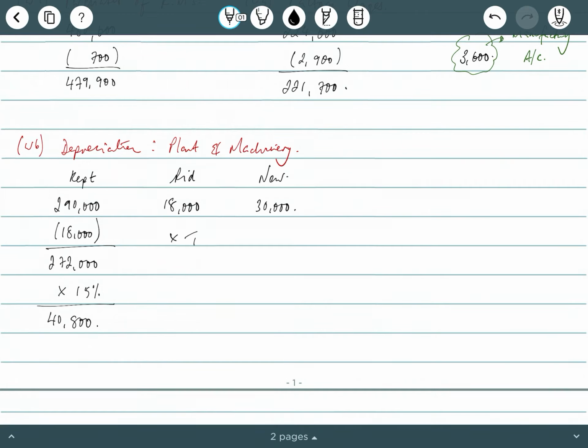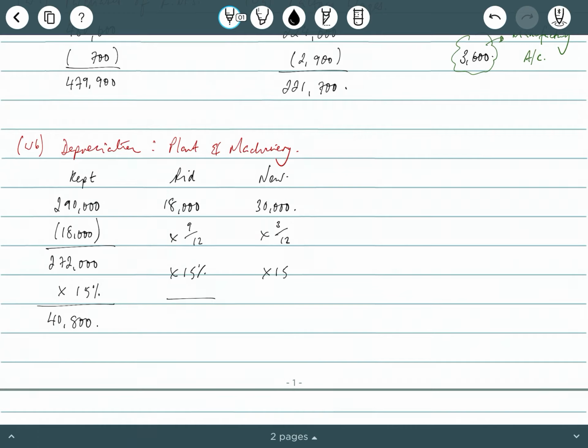Now, let's see how long I had these. When did we get rid of it? We got rid of it on the 30th of the 9th, so we had it for 9 months. Is that correct? Yep, 9 months. And so we only had the new one for 3 months, and we multiply that by 15% also.